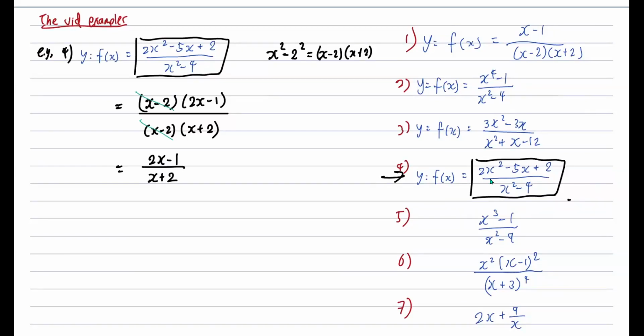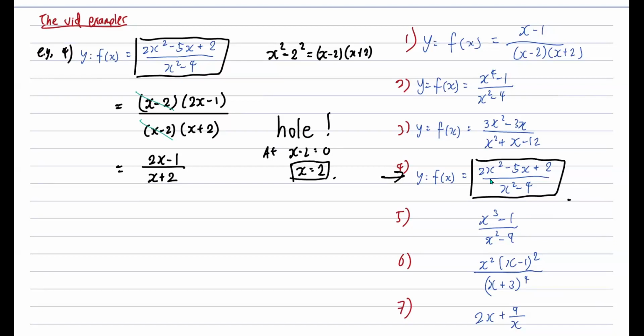99% of the time, it is actually just this function, except for the case when x equals 2. When x equals 2, this fella equals 0, you'll end up dividing by 0, which will cause problems. So that's when we introduce what's known as our hole at x equals 2.